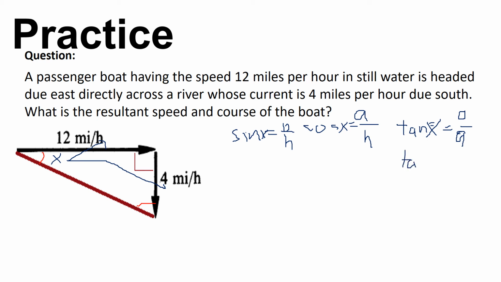Tangent x is equal to, what is the side opposite to angle x? That's 4. What's the side adjacent to angle x? It's 12. So in order to solve for angle x, we transpose tangent to the other side of the equality.